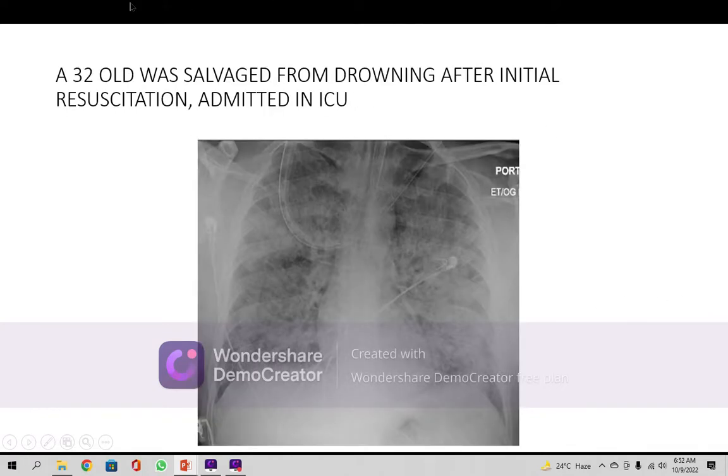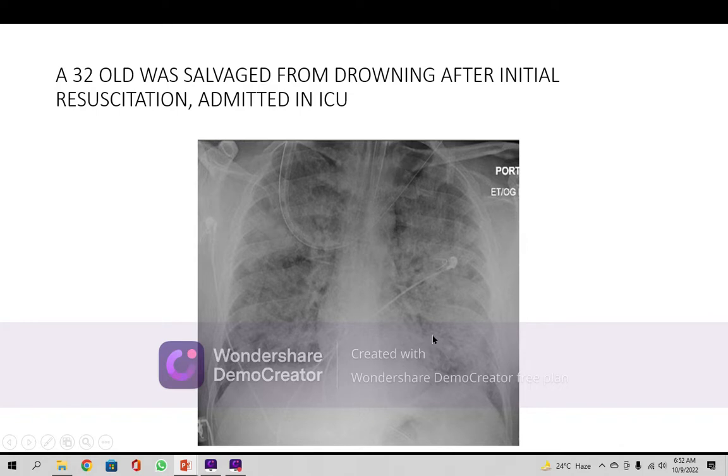A 32-year-old was salvaged from drowning after initial resuscitation and admitted in ICU. Now in this case, you see all the lung fields. It is a portable X-ray in the lying position in the bed, where the oxygenation, the ventilators, all things and the monitors are exposed. All lung fields are involved.